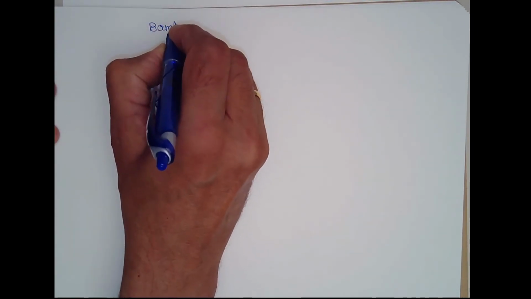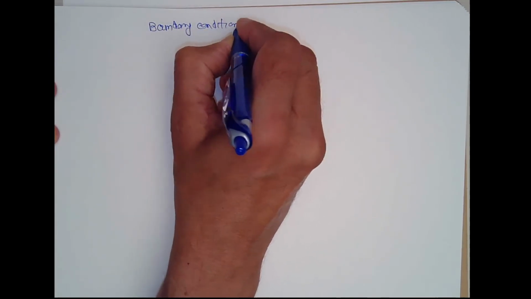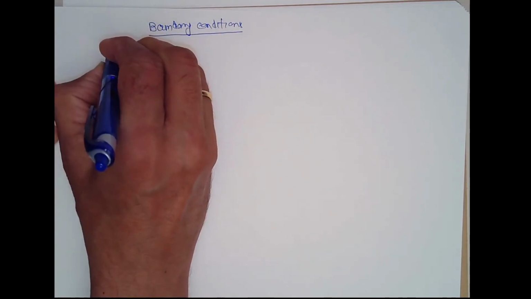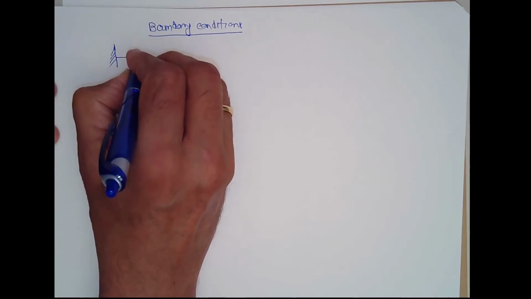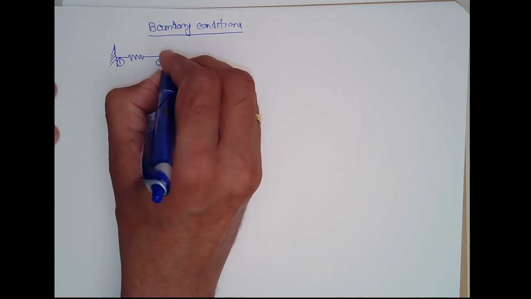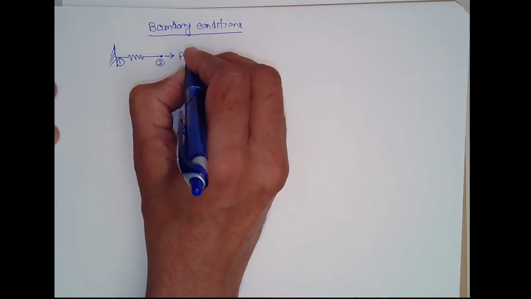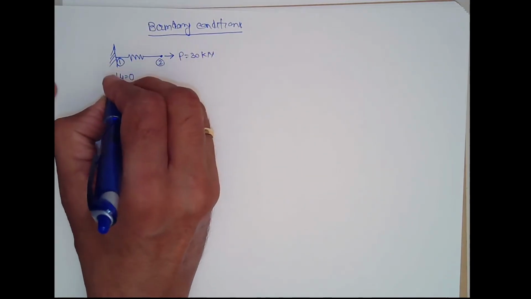So what is the meaning of boundary conditions? Let us say this spring is fixed at point 1, node 1, and node 2 is applied with a force P equal to 30 kilonewton. So U1 will become 0. This is a boundary condition.